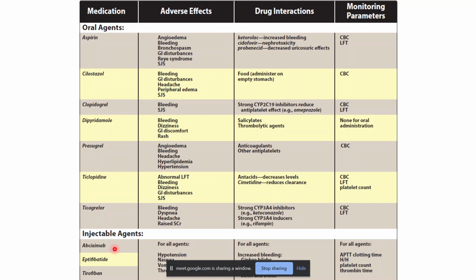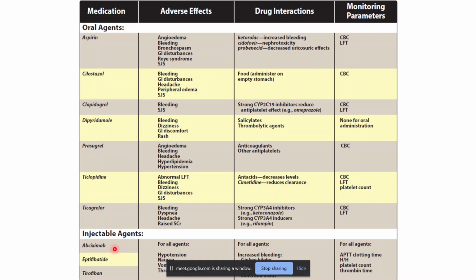The platelets participate much in this process, and most of the drugs will influence the platelets.